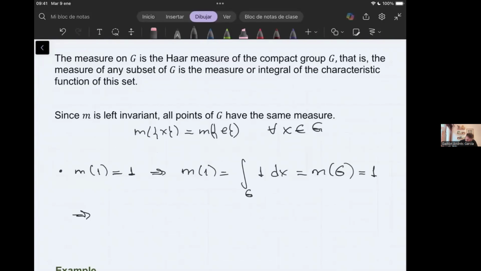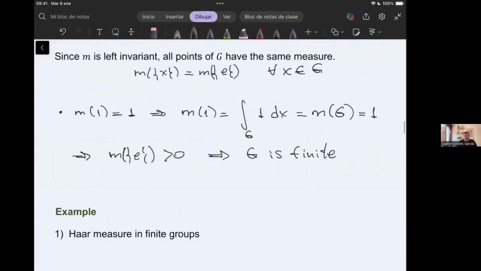This implies that the measure of any point is positive. This implies that G is finite. Yeah, because if not, the measure of any point has to be 0.